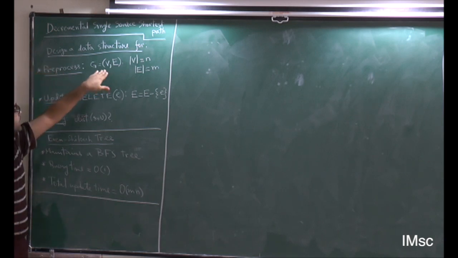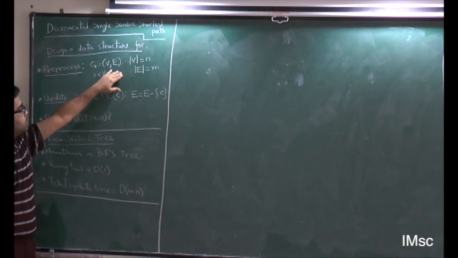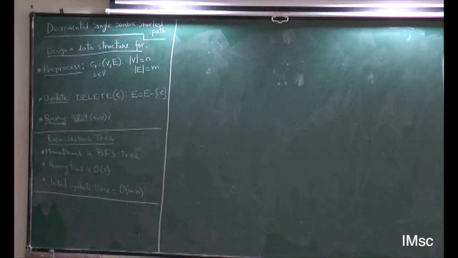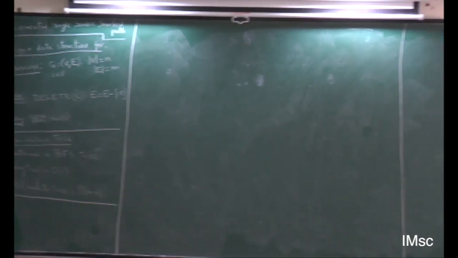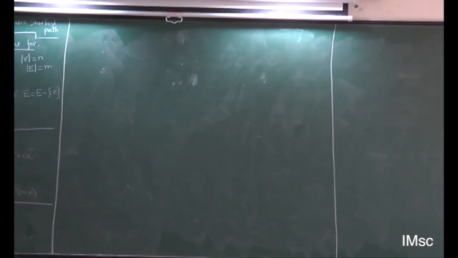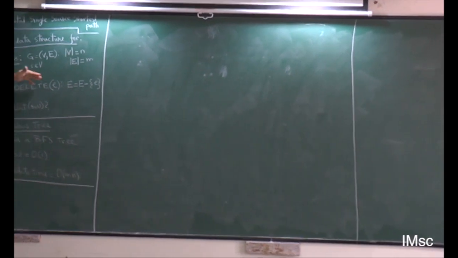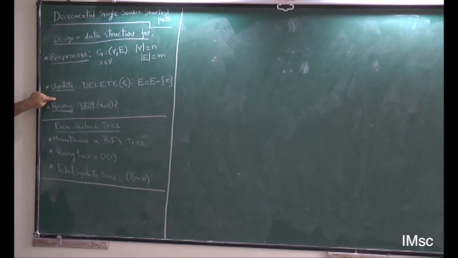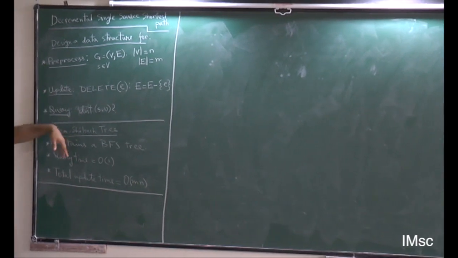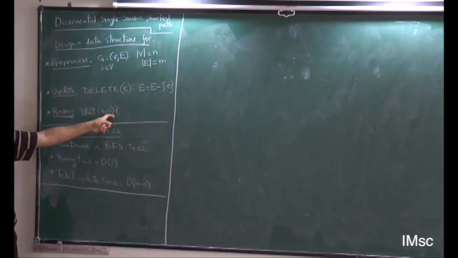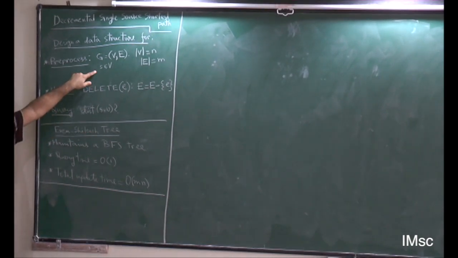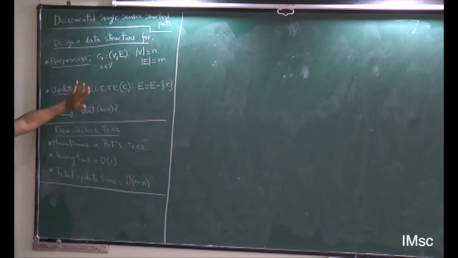It takes as input a graph with n nodes and m edges and does some pre-processing, and then it can handle the update operations which ask to delete an edge from the graph, and it can also answer a query where the query is what is the distance from a node V to the source node S. This source node S is also given as part of the input while pre-processing.